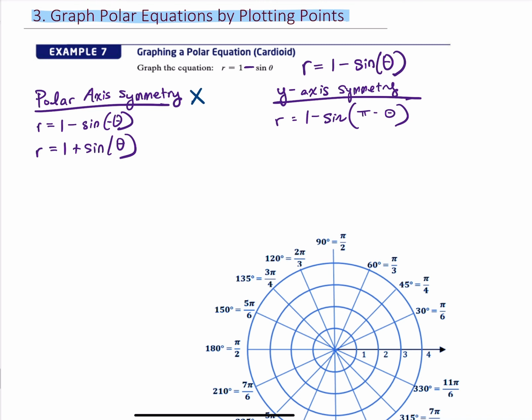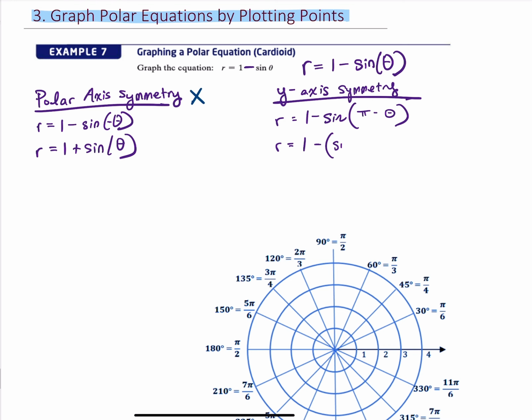But we can show this more analytically by using some of our more recent identities. Notice this is a subtraction of angles within a sine function. So if we want to, we can actually just expand this out using angle subtraction for the sine.